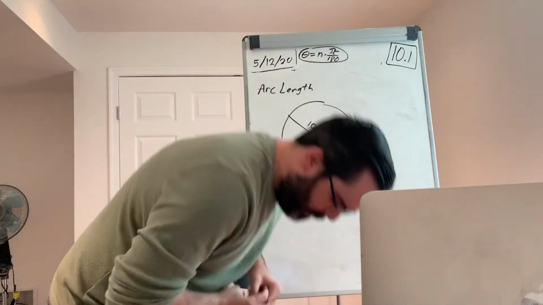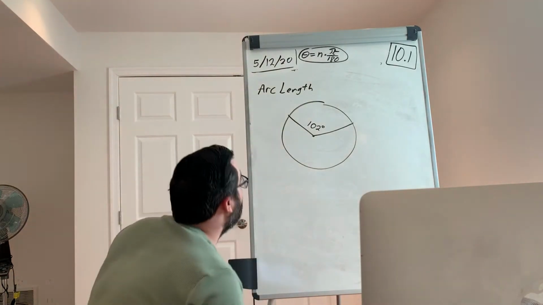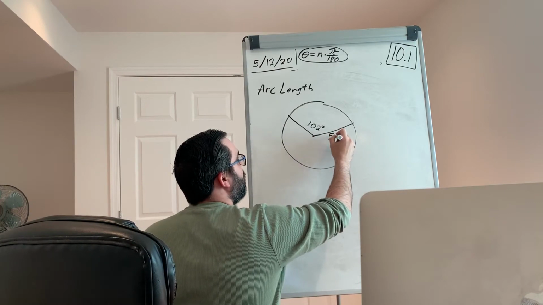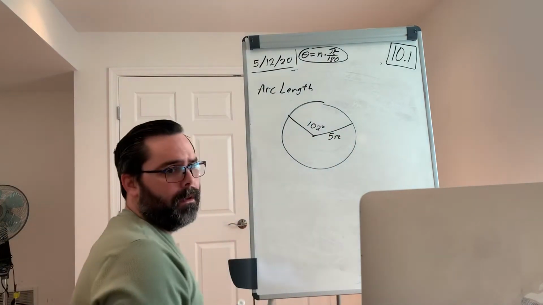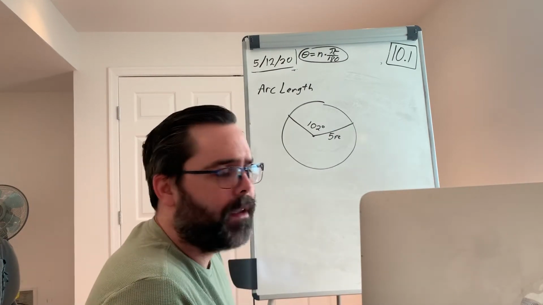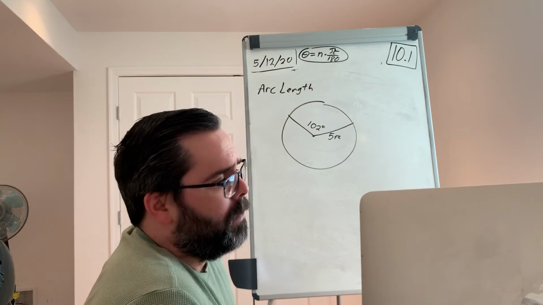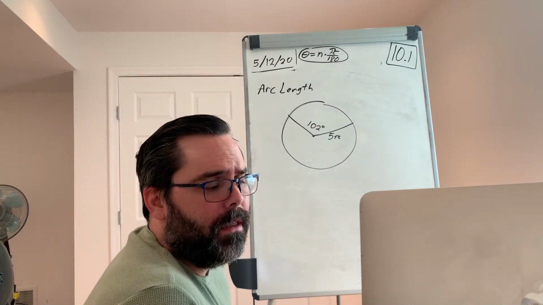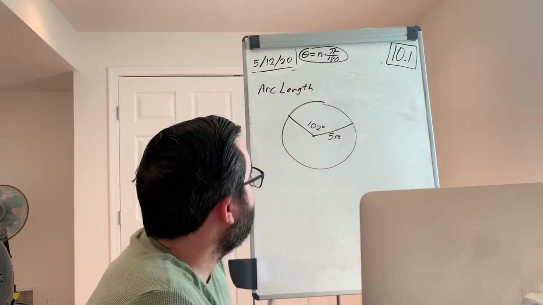So let's say we have a circle, and the central angle of that circle is 102 degrees, and the radius is 5 feet.